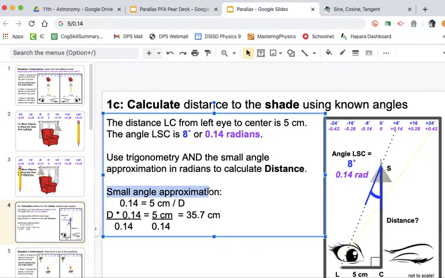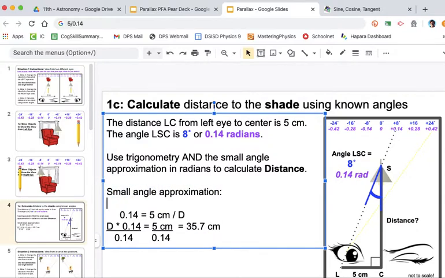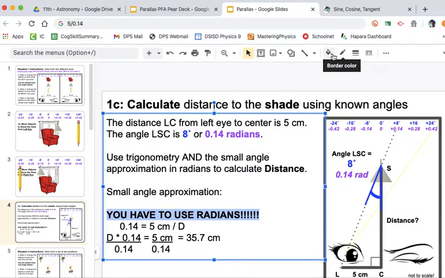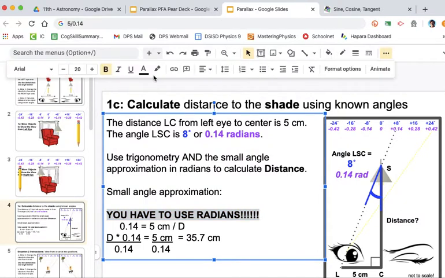Just know if you're going to use the small angle approximation, you have to use radians, meaning that's the one in purple. Where'd my purple go? Yeah, that's going to be the angle measurement in purple, not the angle measurement in degrees.